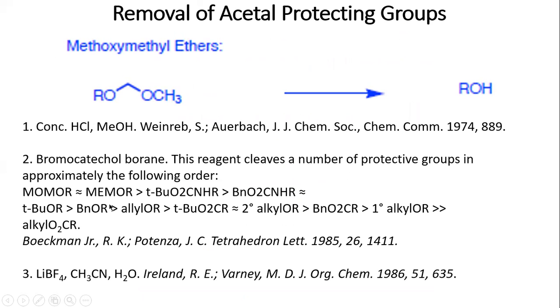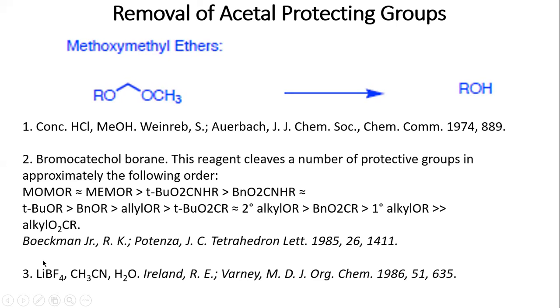You can take the MOM, the MEM, the di-tert-butyl, and the benzyl ether off with the bromocatecholborane reagent, right? And this is really important. Again, everything is strategic. You have a strategy for removing or adding protecting groups.